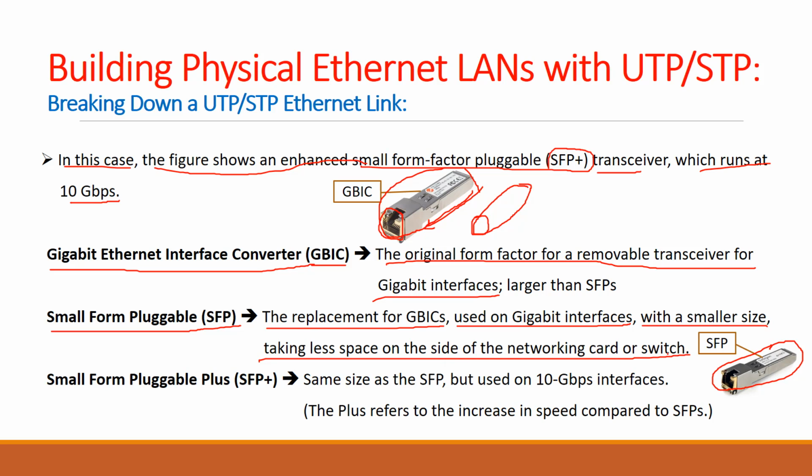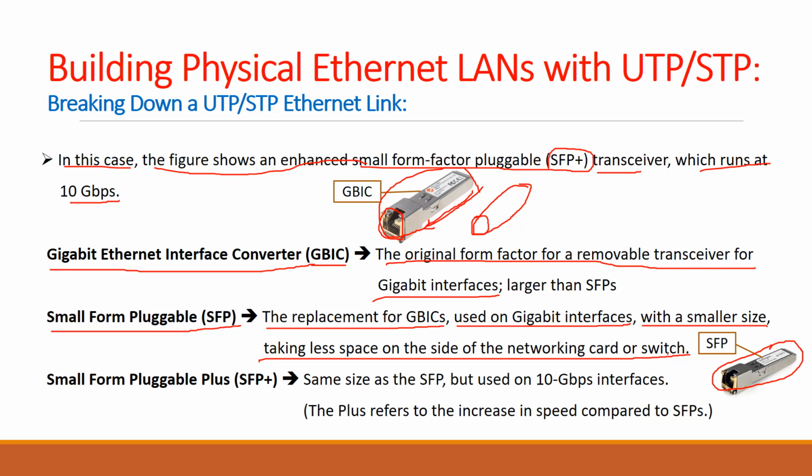So when you purchase, for example, a Cisco switch, you find some ports dedicated for RJ45, and some other ports that can be used either for Ethernet wired copper cables or fiber optic cables.